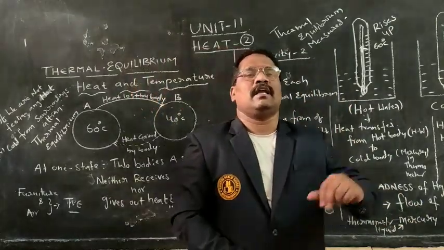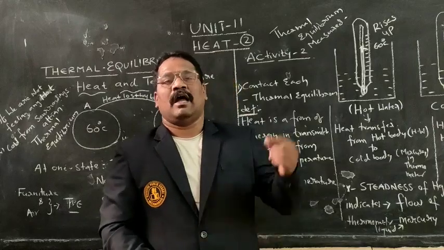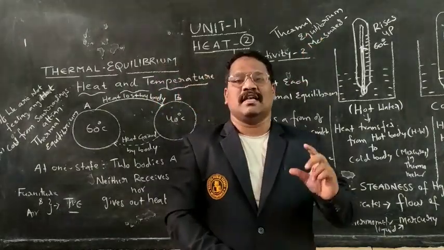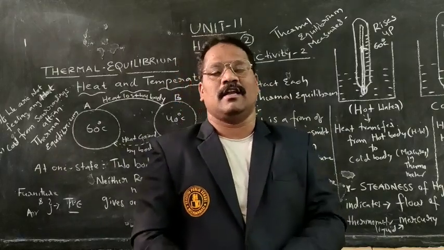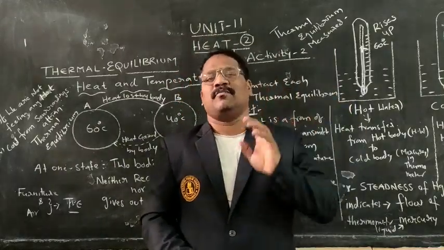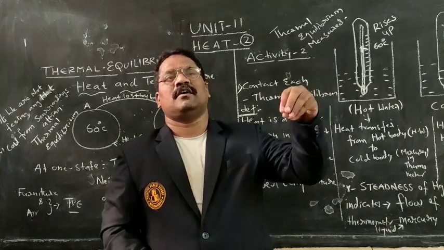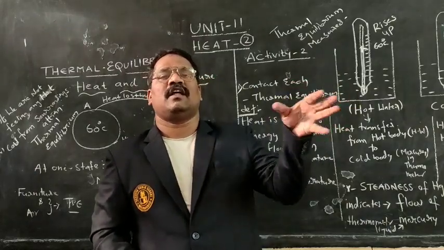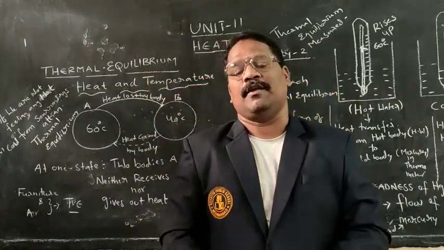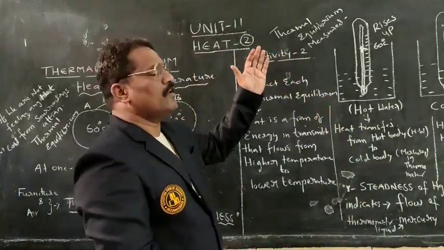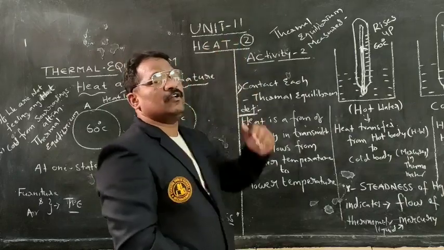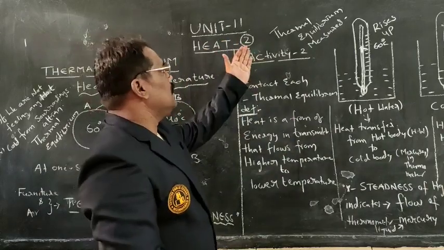Within that, we studied the clinical thermometer, with the Celsius scale as well as the Fahrenheit scale. Using this thermometer, we can measure the degree of hotness as well as coldness of the body. That was what we studied in the heat unit in the previous class.